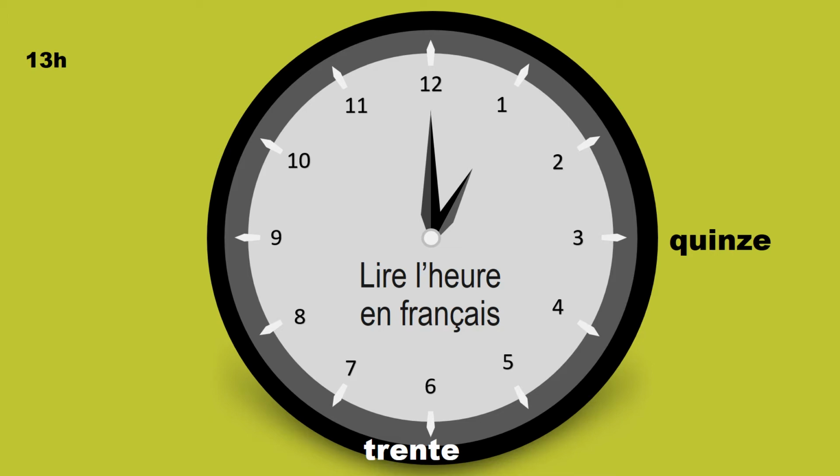And then after that, we had 20 past, 25 past, and then half past. Now, in the 24-hour clock, we're no longer going to have half past. We are going to have 30. Okay?